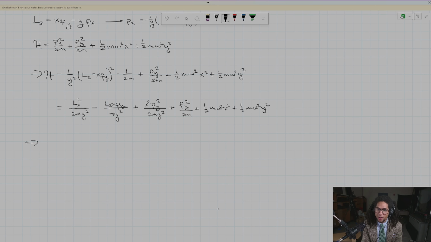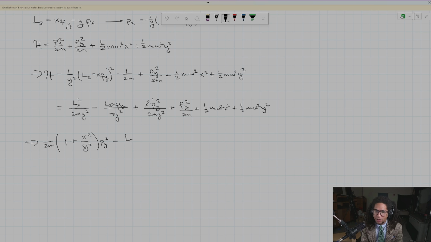Okay, so what I want to do is move everything to one side of the equation and group my terms based on the order of py. So the py squared term is going to combine these two. I should have pulled out the 1 over 2m first. So I'll get 1 over 2m times 1 plus x squared over y squared times py squared. Next, I have my linear term in py, which is this one right here.